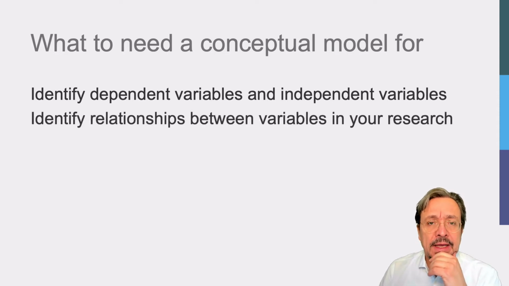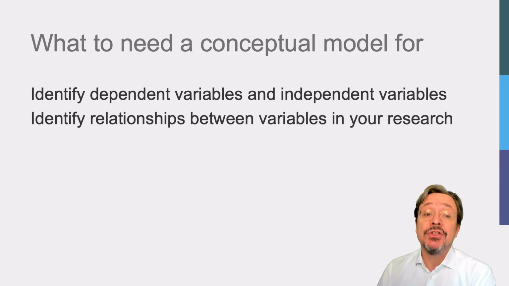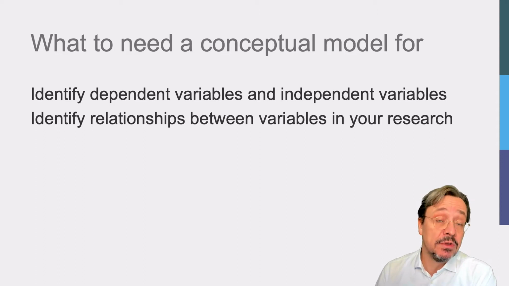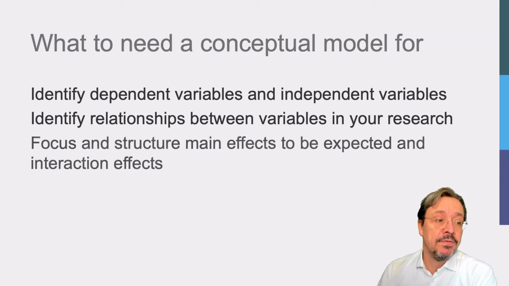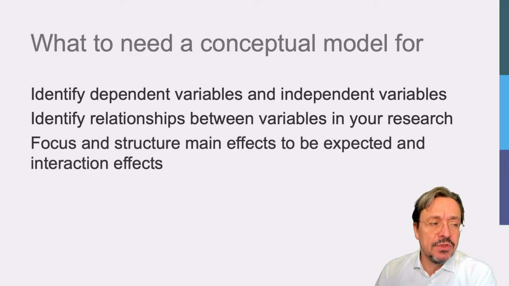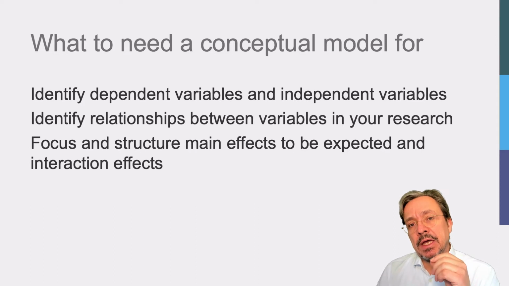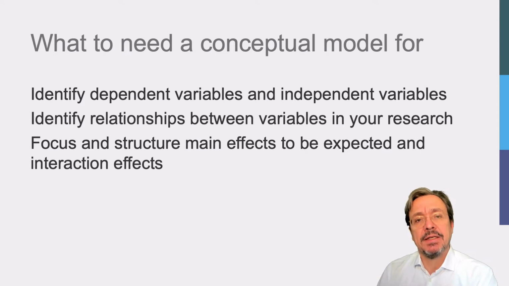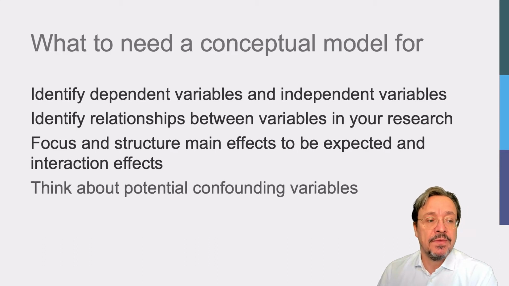And to develop ideas about what you think are the relationships between those variables and components of your research. That helps you to focus and structure the main effects you expect, and how these components interrelate and interact, and how users probably interact with those.